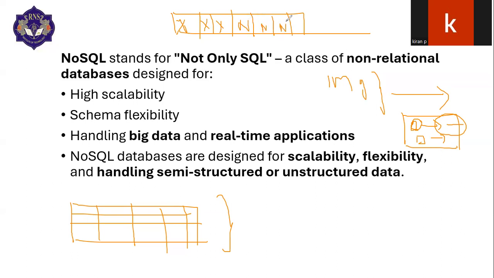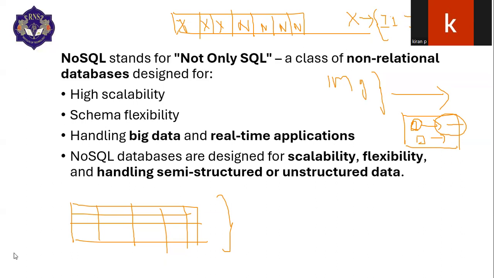To overcome that, I'll say the transaction ID is X, but he has chosen only item one and item two. I'll save it in this particular fashion. If I save it like this, then it becomes a non-relational database.